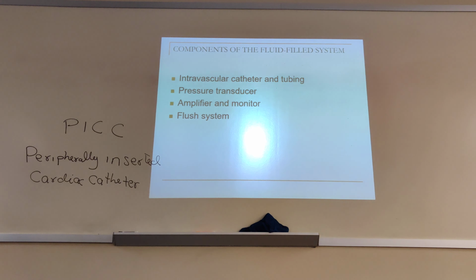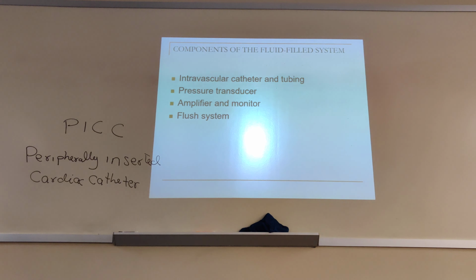And then you have a flush system. Now the flush system consists of the bag, a bag of normal saline. Because sometimes you draw blood through here. This is called a stopcock. The lab can come, give a syringe to the nurse to draw blood from the patient, and they can open one of these up and draw blood from it.